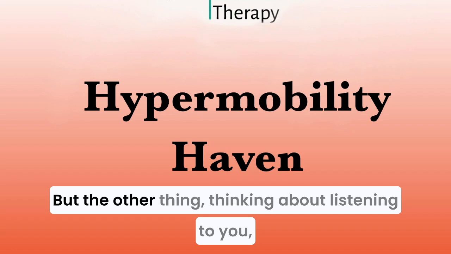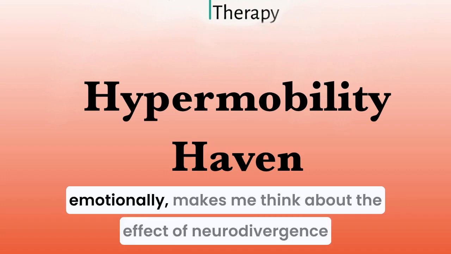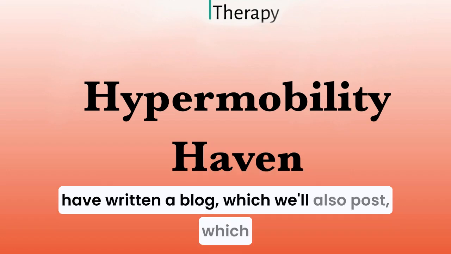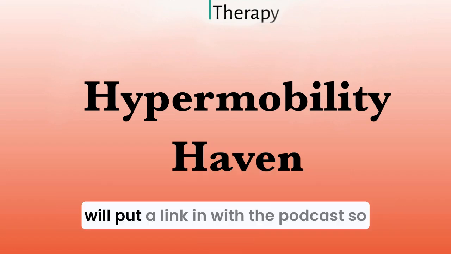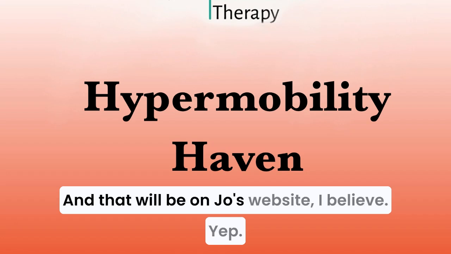But the other thing, listening to you talking about sleep and its effects physically and also emotionally, makes me think about the effect of neurodivergence and the association between neurodivergence and hypermobility, which we have written a blog about, which we'll put a link to with the podcast, so you can read about that next time. Yes, and that will be on Jo's website, I believe.